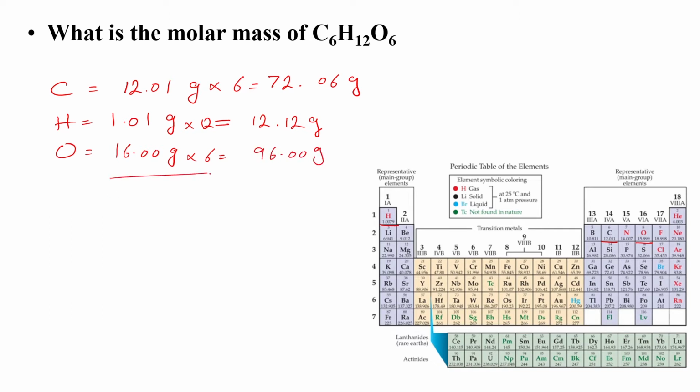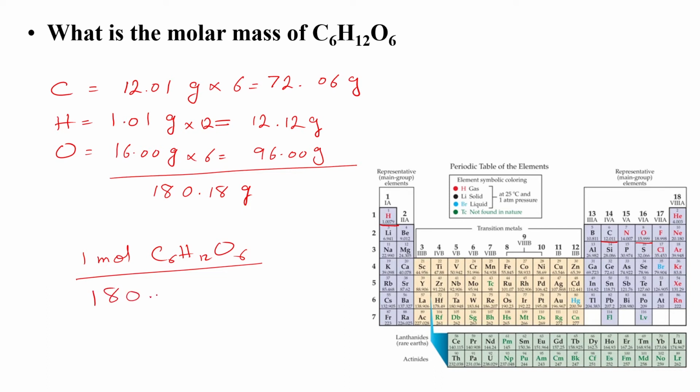You're going to add all these, and the molar mass of glucose is 180.18 gram. So if you're writing in the conversion factor form, it will be 1 mole of C6H12O6 equals 180.18 grams of C6H12O6.